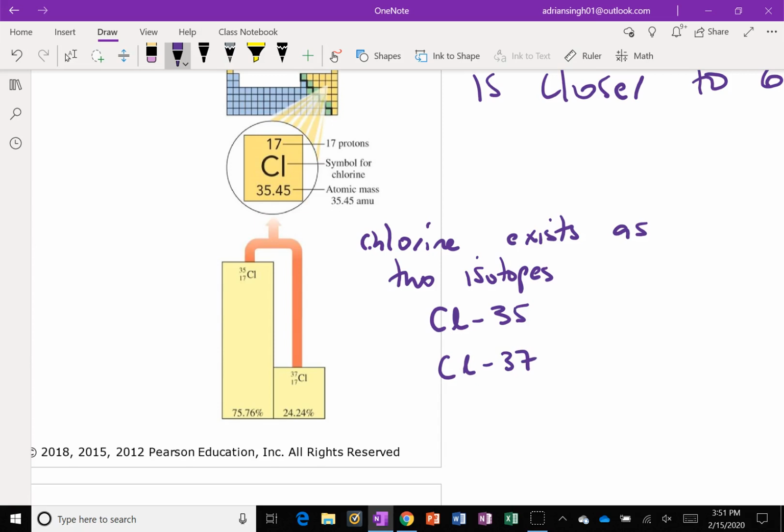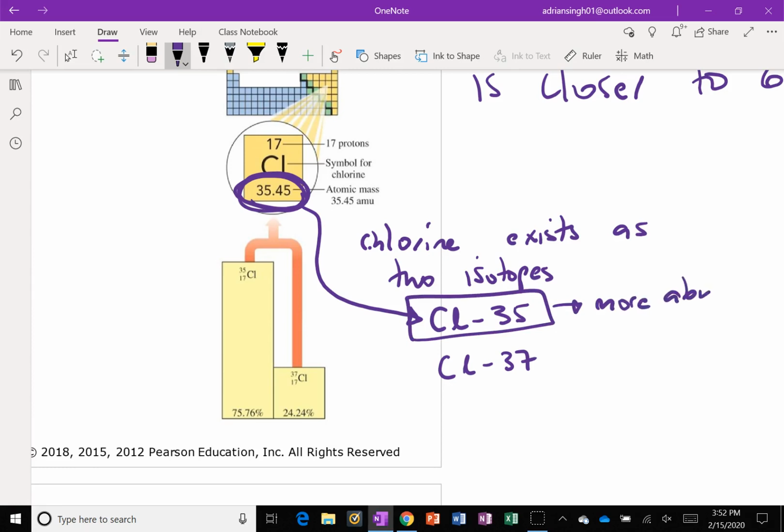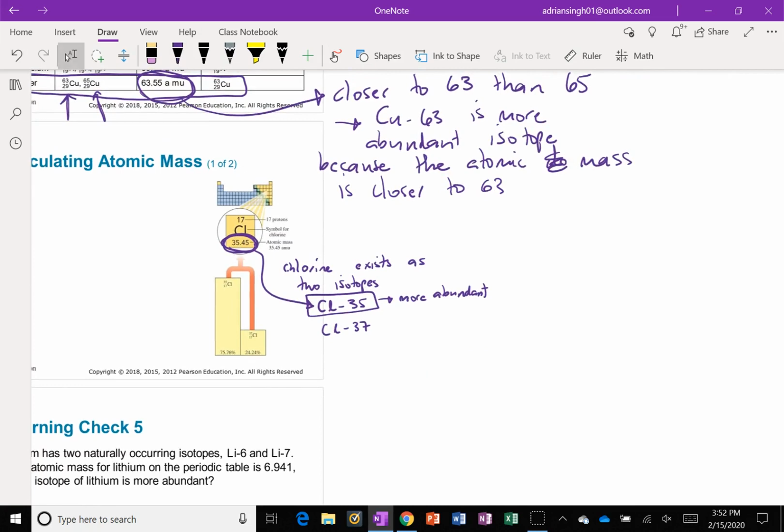All right, so when we look at the weighted average, the atomic mass from the periodic table, we see that that weighted average is 35.45, which is a lot closer to 35 than it is to 37. So we can conclude then that chlorine-35 is more abundant. There is just more of it in a sample of chlorine than the chlorine-37 atom.